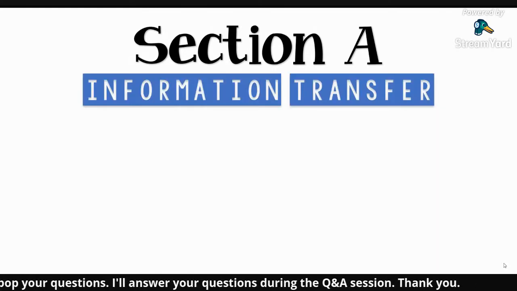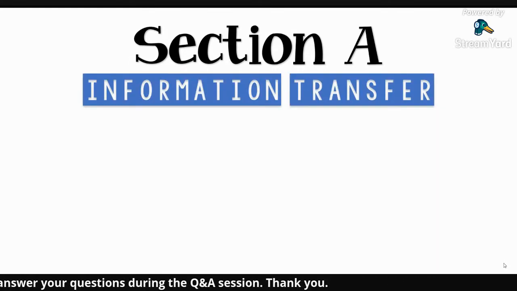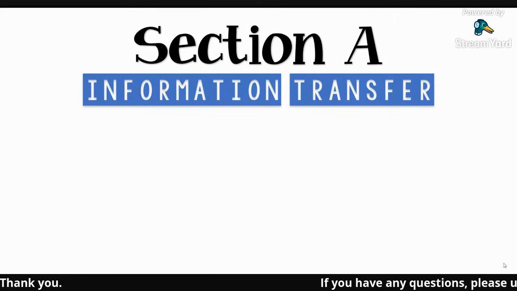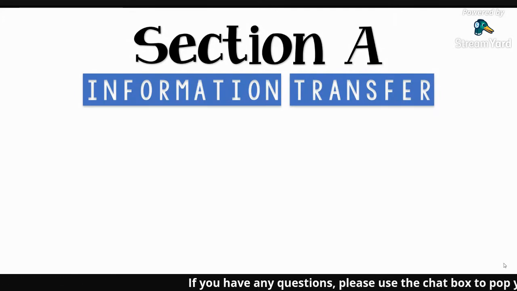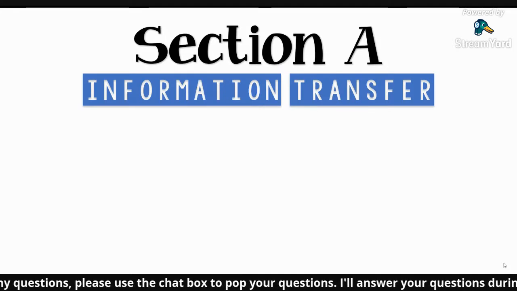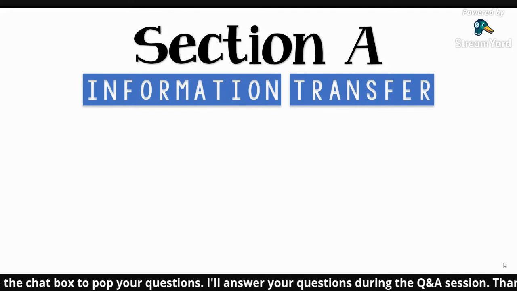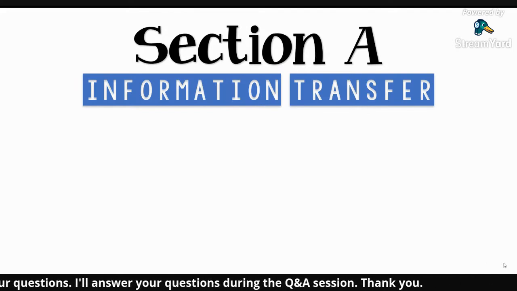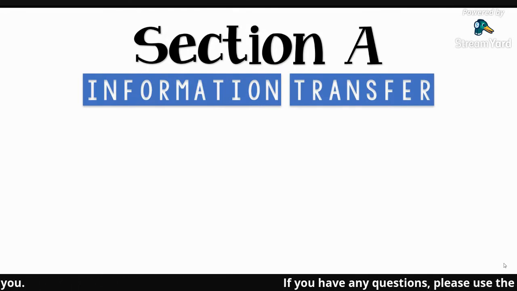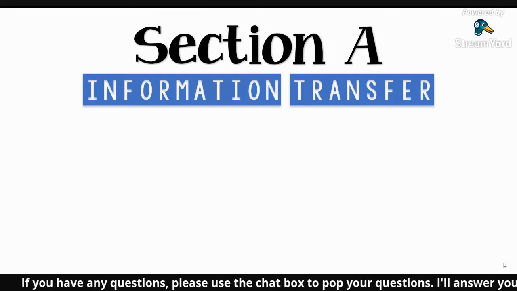So when it comes to section A, information transfer, I hope there won't be any problems for you or any confusion, because we have already gone through the steps, and these steps are the ones that are going to actually help you grasp all the information that we have done today, and of course, to score the best.